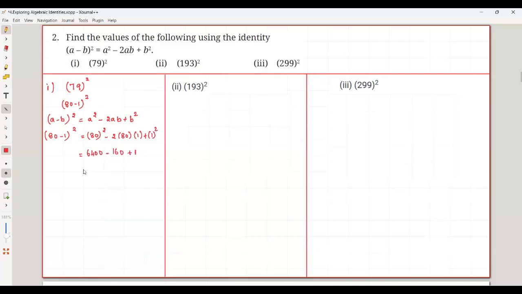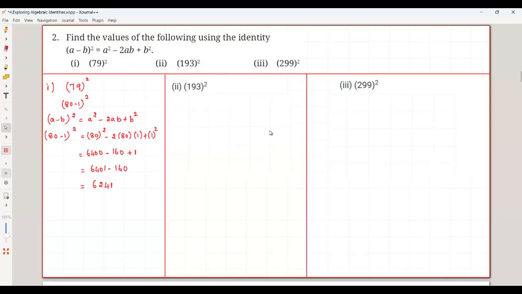Now we have to subtract. First you add the positive numbers, then you subtract. Okay, 6400 plus 1 is 6401 minus 160. Just subtract: 6241 is the answer.